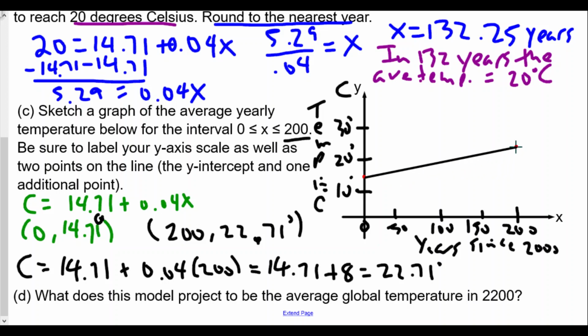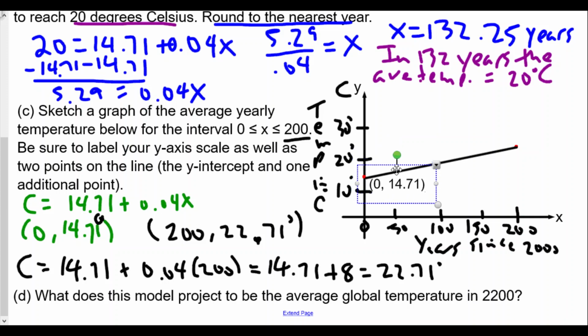So there you go. On your graph, I recommend also that you post the coordinates because, honestly, they're kind of like estimates. So let me put the little smaller font here. So our first coordinate here will be at, we said, (0, 14.71). All right, and let me lift this up a little bit here so you can see.